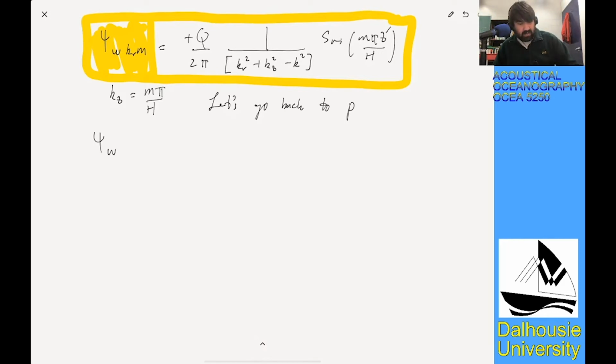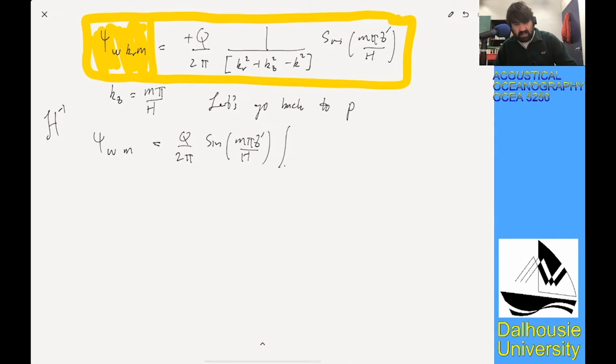So psi omega m. We're going to start by invoking the inverse Hankel. So first, let's do this inverse Hankel. Well, we're going to have all the stuff that is not affected by the transform. Sine m pi z prime over h, right? This is all just constants out front.